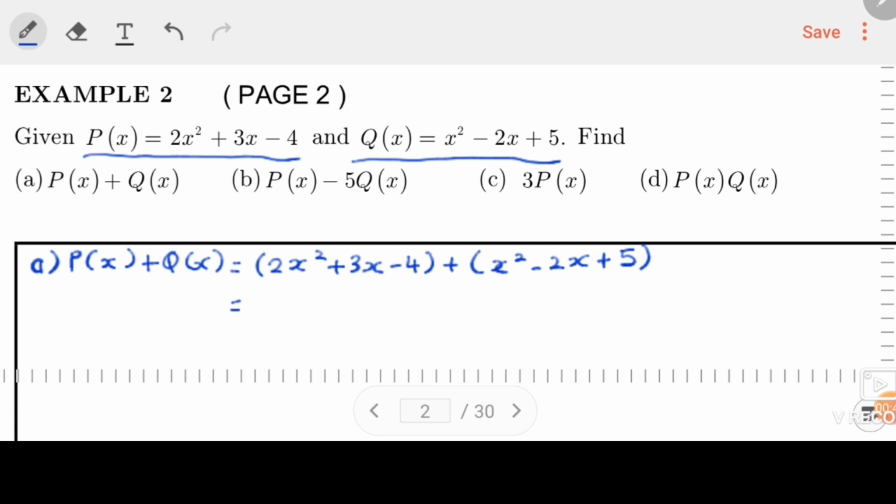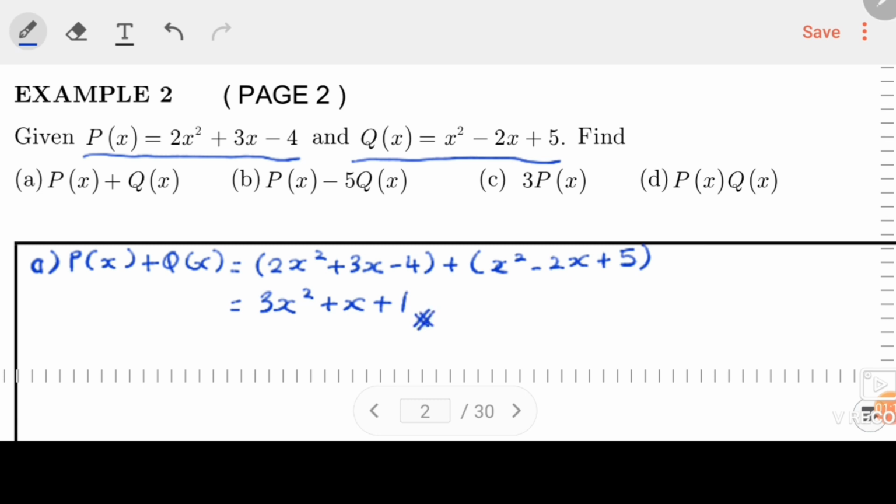Then we have to simplify the expression. Combine the coefficient of x squared, so 2 plus 1 become 3x squared. Combine the coefficient of x, 3 minus 2 become plus x. Combine the constants, negative 4 plus 5 is plus 1. So the final answer for part A is 3x squared plus x plus 1.